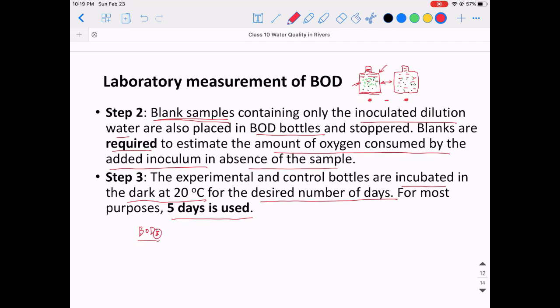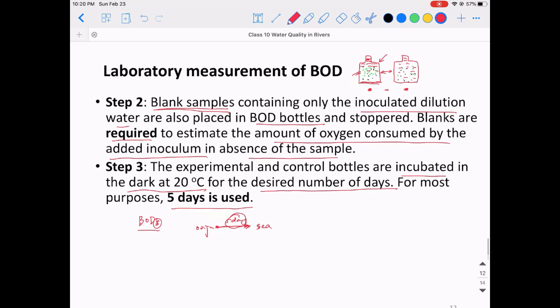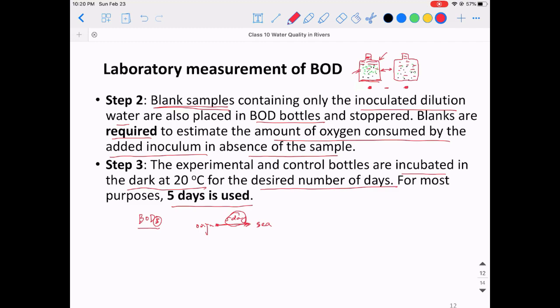Actually, the 5 days is the time needed for the Thames River to pass the city and then finally get emitted to the sea, from the origin to the sea. That's why people have inherited this history and use a standard 5 days to represent water quality. So people use BOD 5 quite a lot.